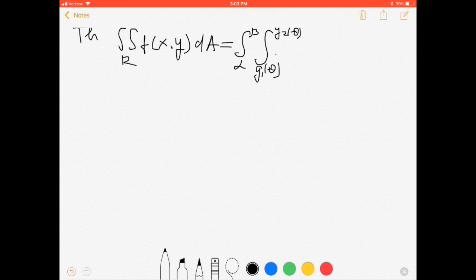But we'll be careful. Here is something very interesting. X you substitute with r cosine theta, y you substitute with r sine theta. It's not 0, it's theta. And not only dr d theta, here we have r dr d theta.